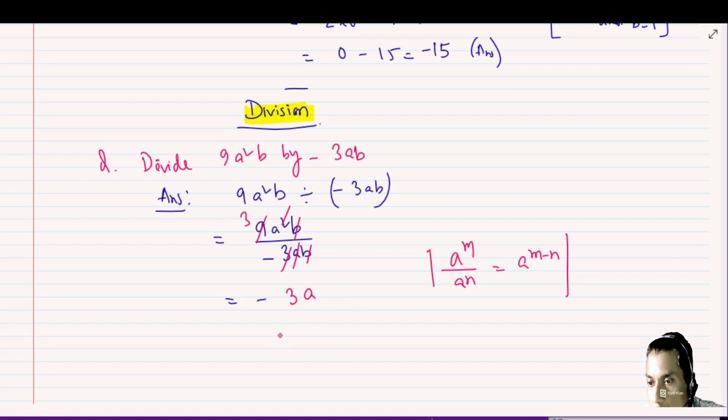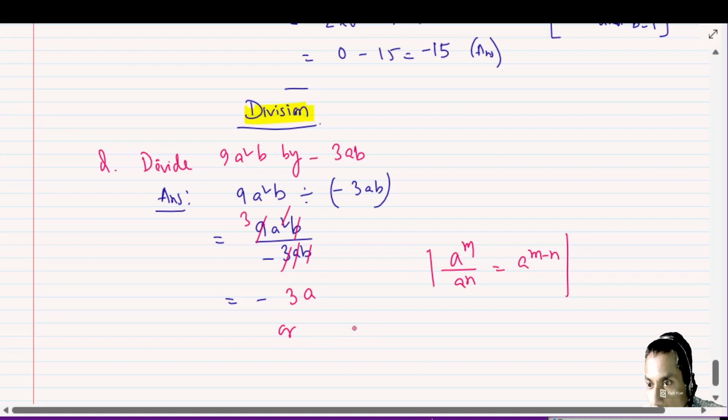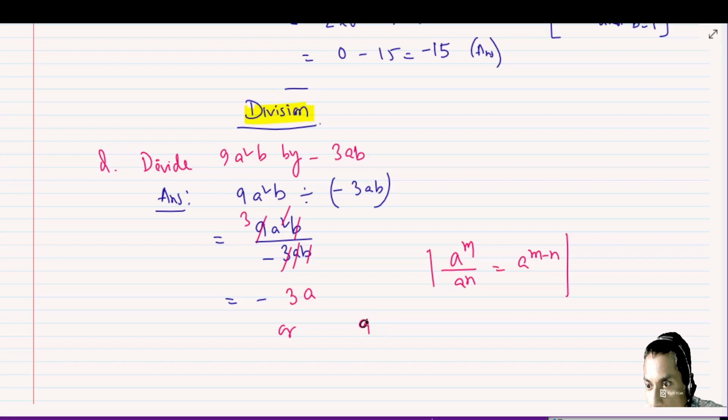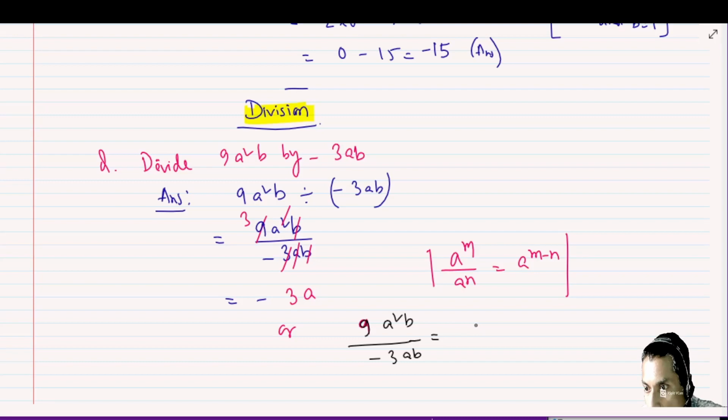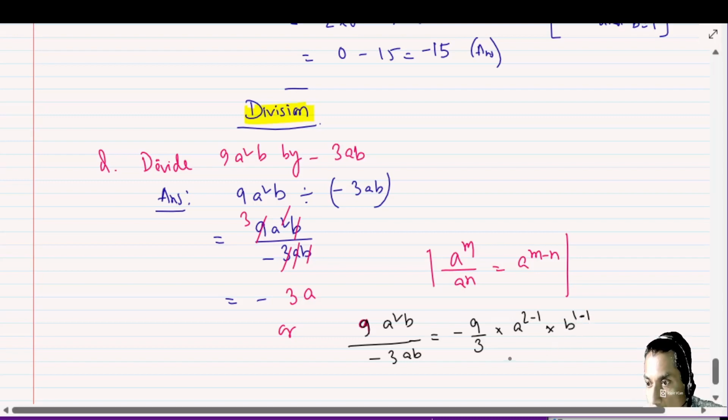Either you can do that, or you can do it like this, with the same calculation, and it will be very clean. For example, 9a square b by minus 3ab. First you do the calculation of 9 by 3, and here 2 minus 1, and for b, 1 minus 1.